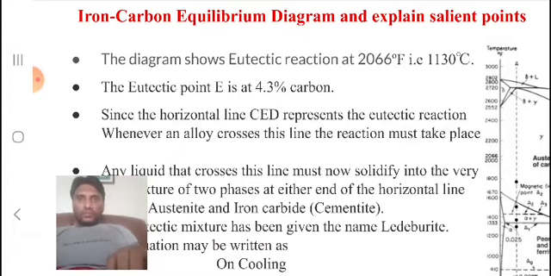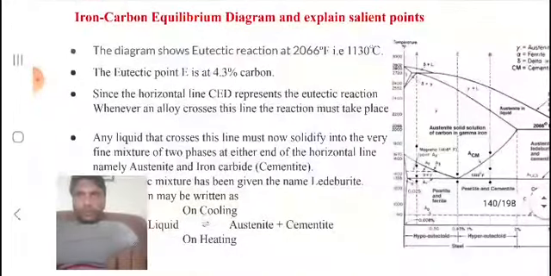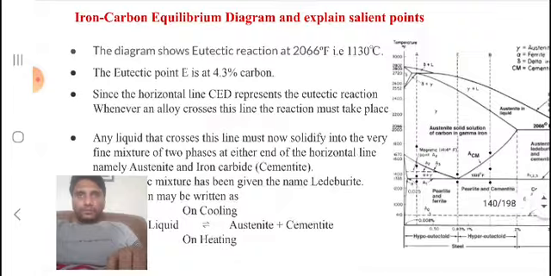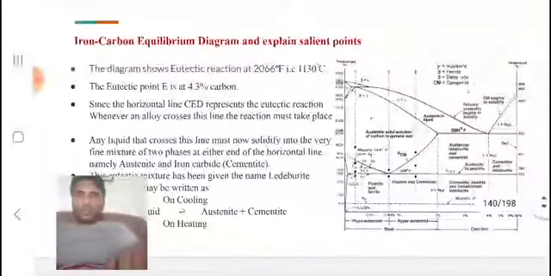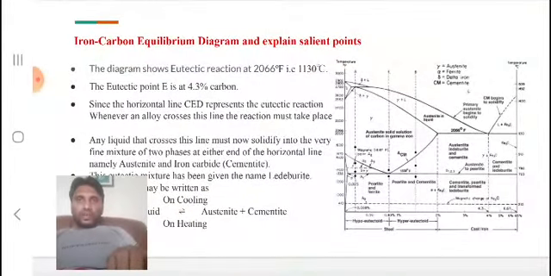In the previous two videos, I have been continuously discussing the same topic, that is the iron carbon equilibrium diagram. In the previous two topics, we have discussed the various phases, the three isothermal reactions and the different phases present.